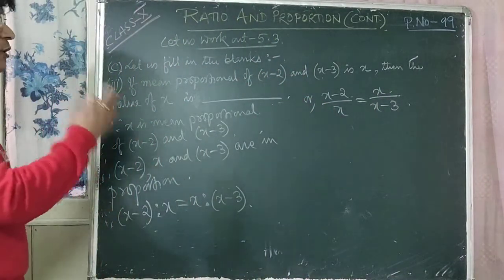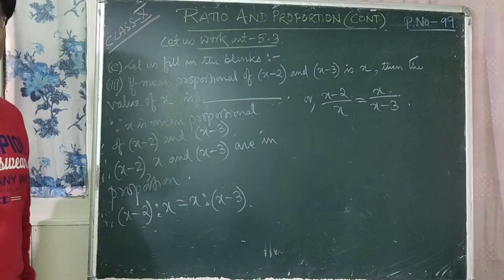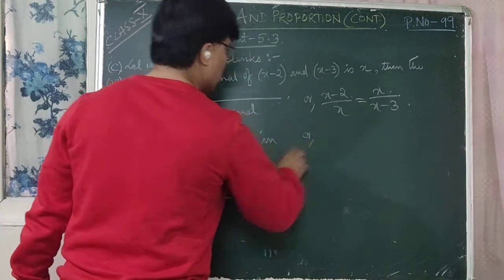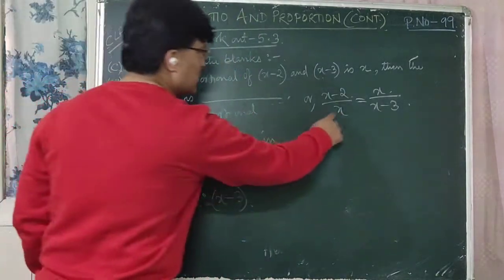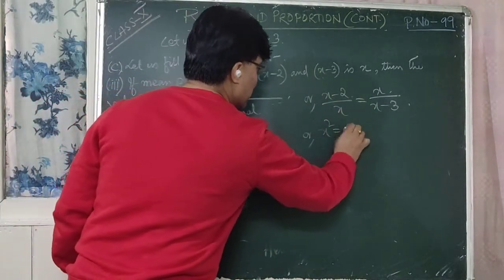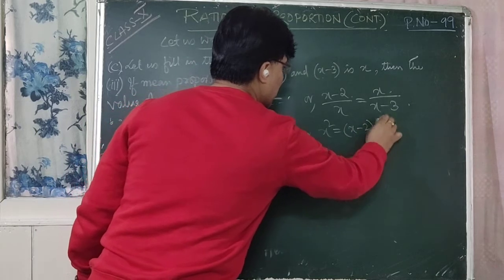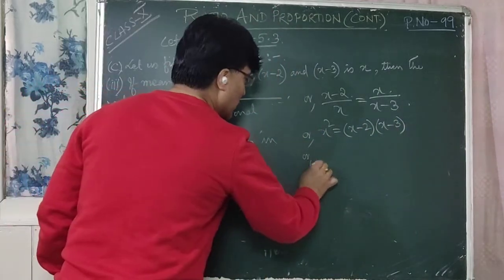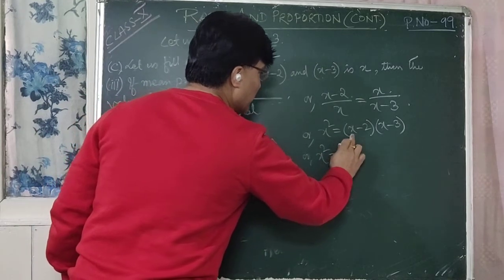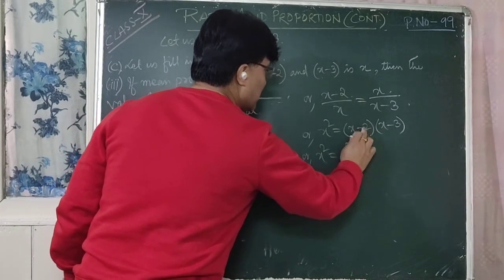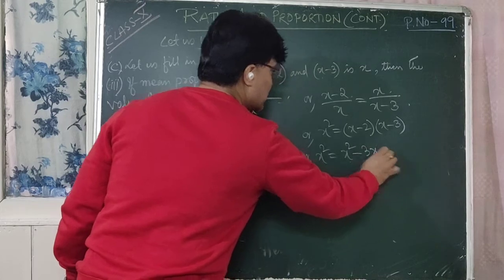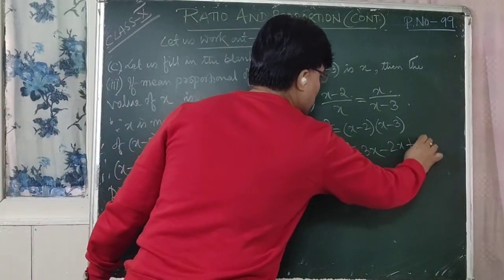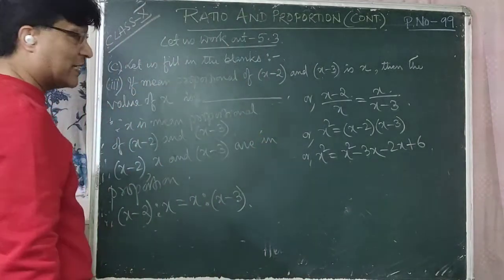So now we have to solve this equation to get the value for x, right? So let us do cross multiplication. So let us solve it. x into x is x square, is equal to x minus 2 into x minus 3. Or x square is equal to, multiply by x into x square, then minus 3x, then minus 2x, minus into minus plus, 3 2s are 6.